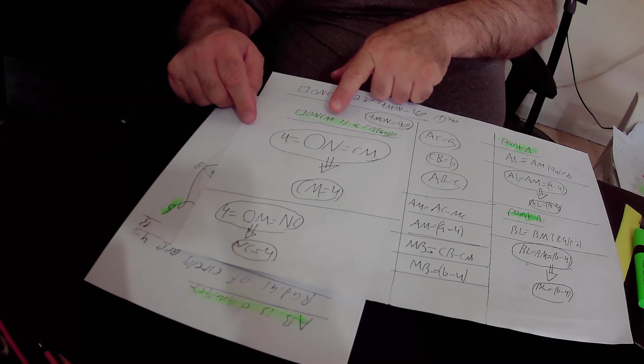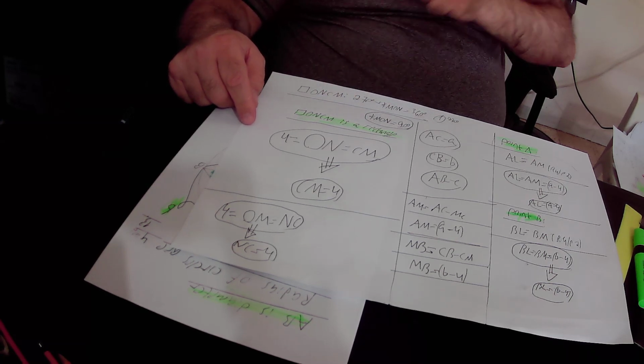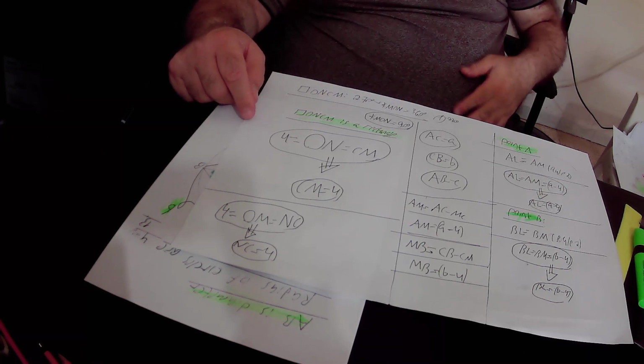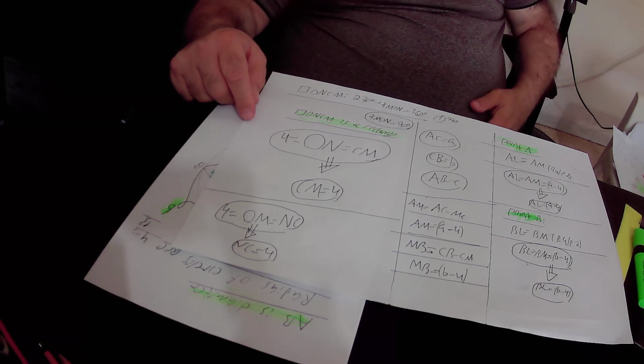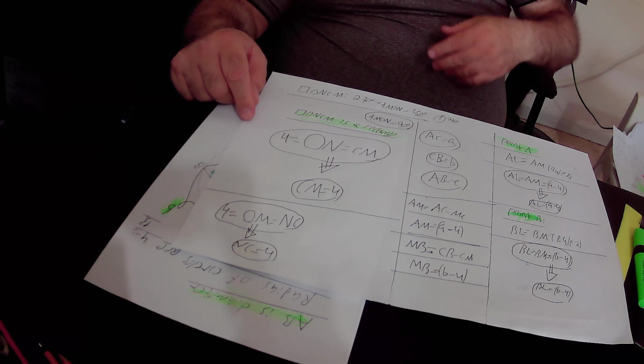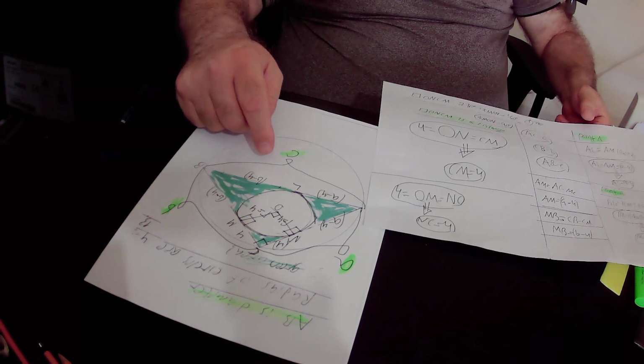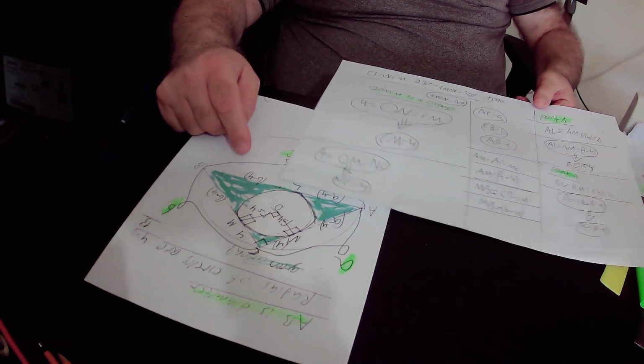But we have already found out that NO equals 4 units, it is the radius of the small circle. So from this equation 4 equals ON equals CM, we derive that CM is also equal to 4 units.